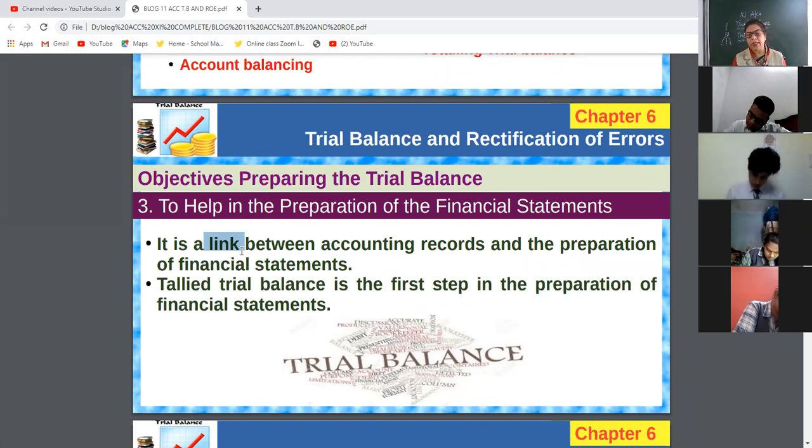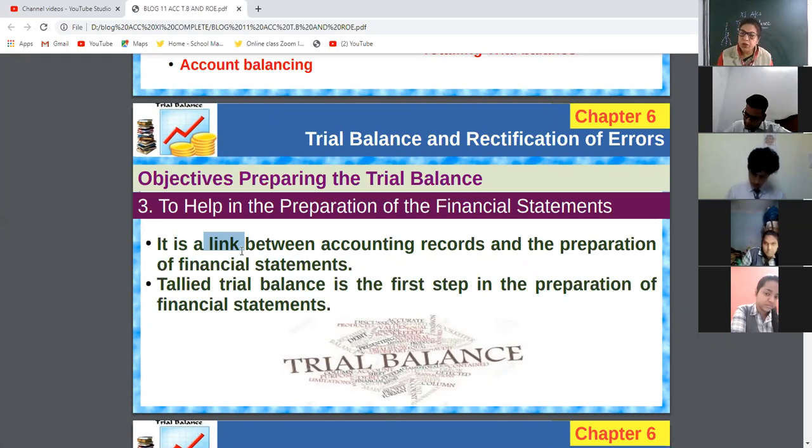Tally trial balance is the first step in the preparation of financial statements. If the total of trial balance is matched, it means now we can start preparation of financial statements like trading account, profit and loss account, and the balance sheet.